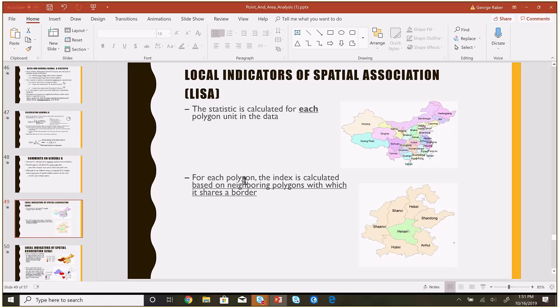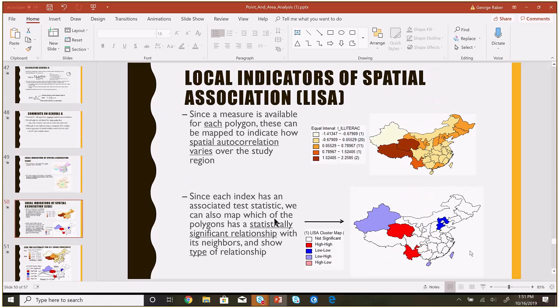Each unit, each polygon or point, gets a number based on the values it shares a neighbor with. So we're going to get a map that says how different it is from its neighbors.